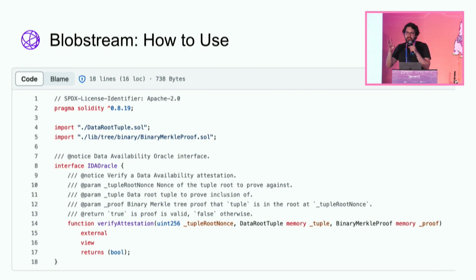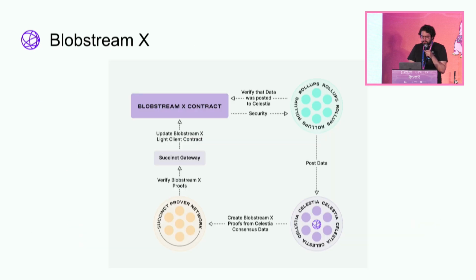It allows you to verify whether some data is in a Celestia block, and whether that block has been previously relayed by the Blobstream contract. The implementation of this function on both versions essentially checks all the necessary preconditions and then returns true if that data is in fact available. So it's very simple. There's only a single function that needs to be used to verify this.